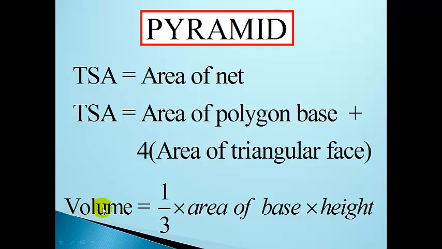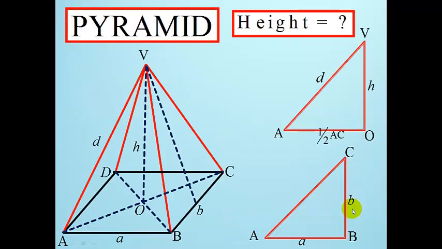Now, the volume of a pyramid is 1/3 times the area of the base times the height. Now, let's consider the pyramid.